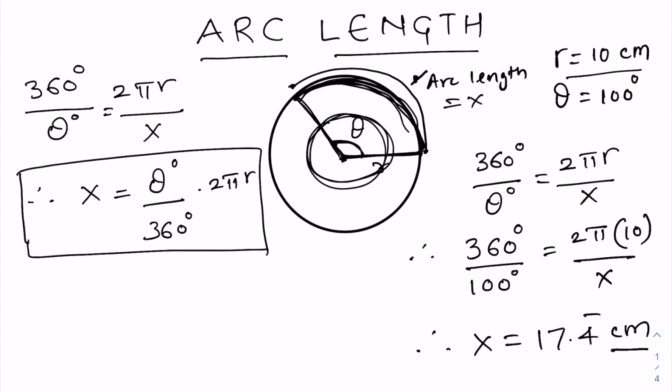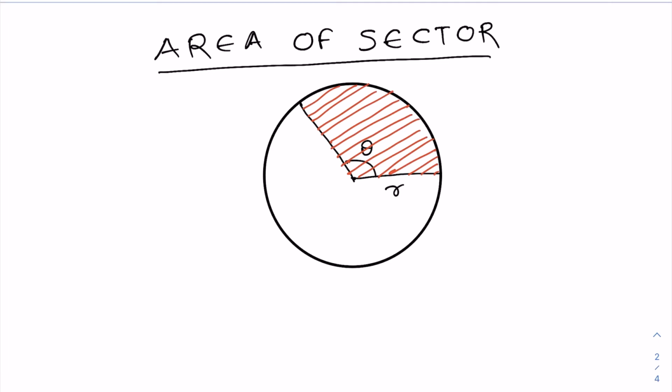Now let's jump to find the area of a sector. The principle is similar for finding the area of a sector. The total area of the circle, we know, is pi r square. Now when the area is pi r square, the central angle formed is 360 degrees. What we are interested in finding is this red shaded region, let's call it x.